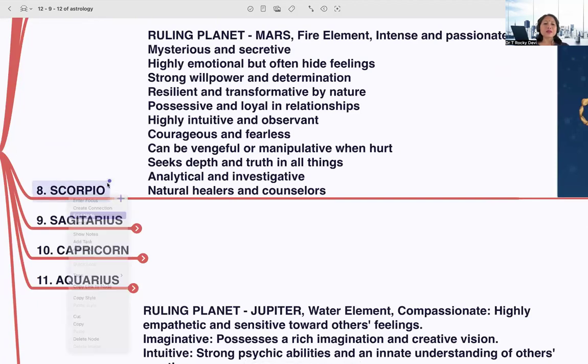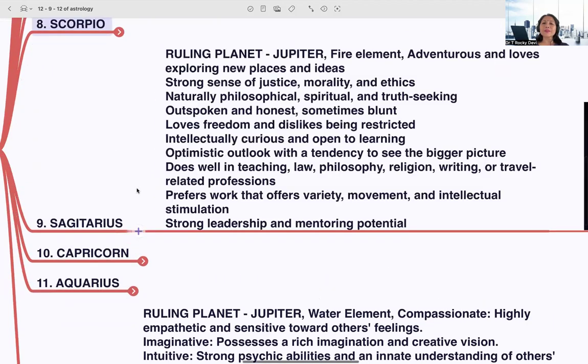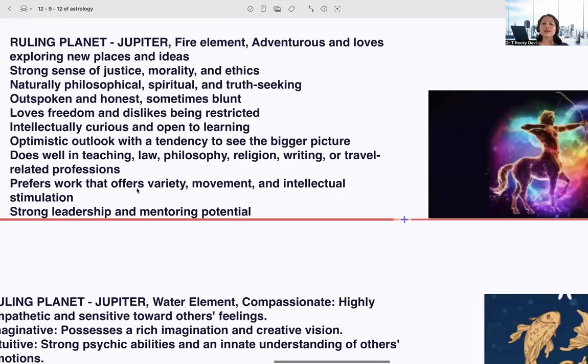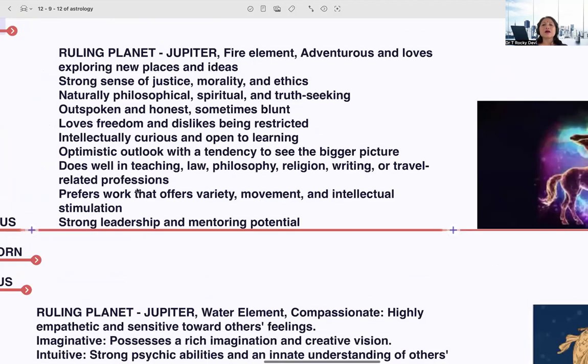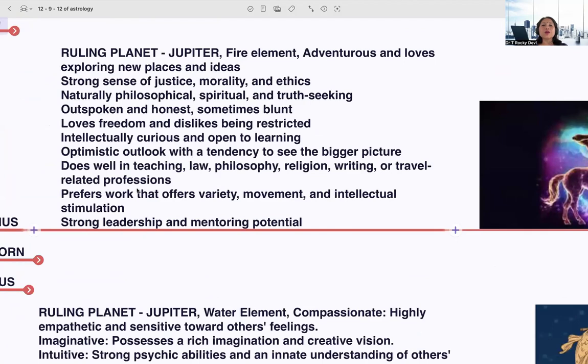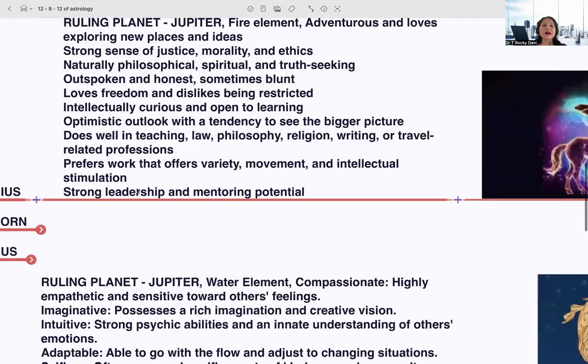Now let us see about Sagittarius. Sagittarius is Dhanus Rasi or Dhanus Lagna, and the ruling planet is Jupiter. Jupiter owns two houses. One of the houses is Sagittarius, another one is Pisces. Jupiter is a fire element here, adventurous and loves exploring new places and ideas.